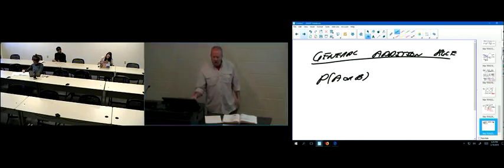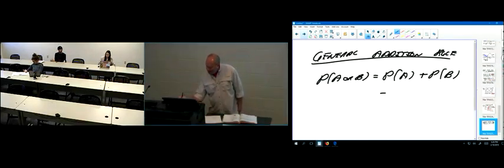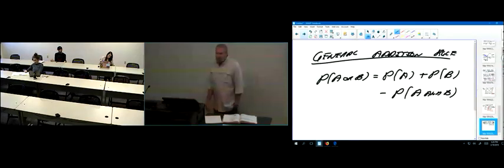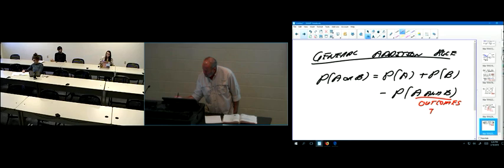Well, if they're disjoint, we know the answer. But if they're not disjoint, see, that's your answer if they're disjoint, because there is no overlap, right? But if they're not disjoint, those are the ones in common. Here, outcomes in common. You got to subtract them out.